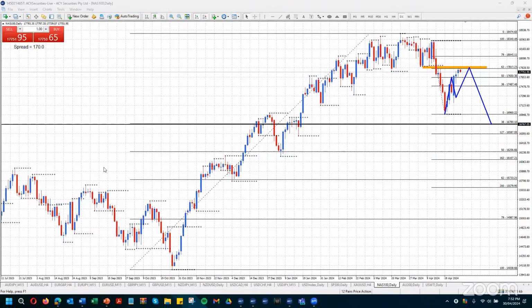But if you just step back and look at the likes of the euro dollar and the pound dollar and the Aussie dollar, for example, they're in clear downtrends. They've just been rallying back up on the weekly scale. If they continually put in another lower top, then you would expect them to be continually moving down to maybe a further lower bottom, which doesn't suggest that the US is going to cut interest rates.